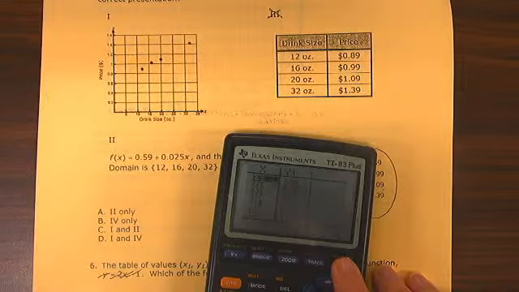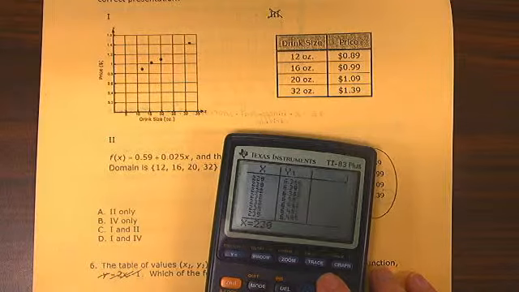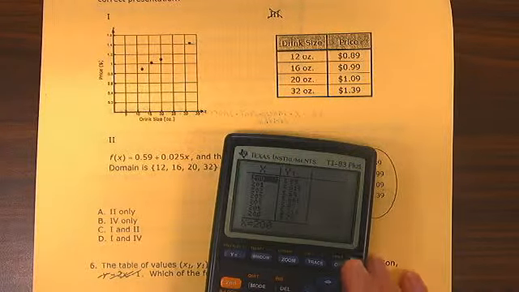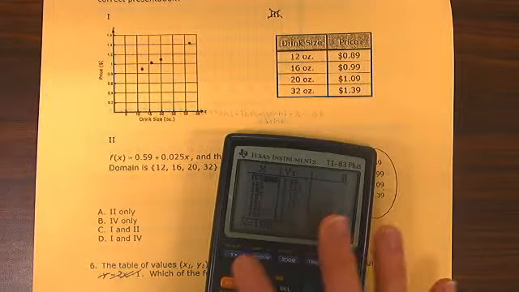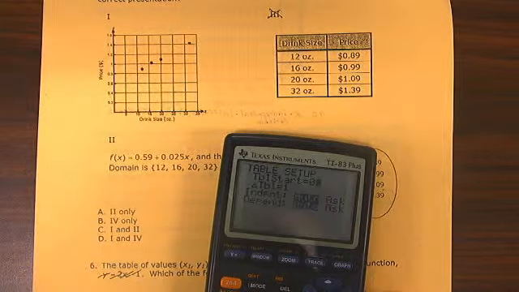Now I go to my table, and I'm going to have my table start at 0.